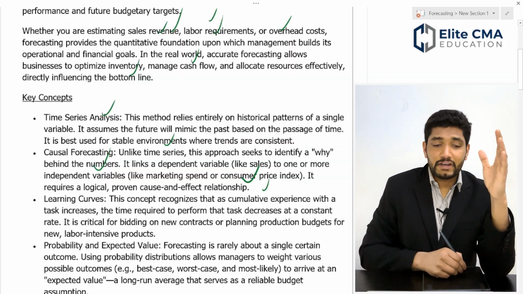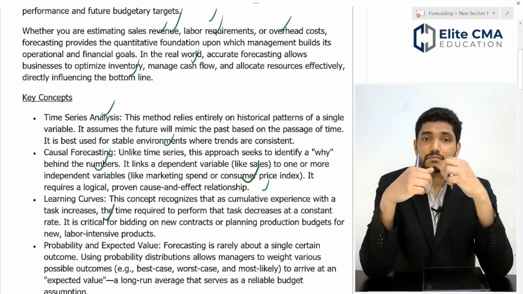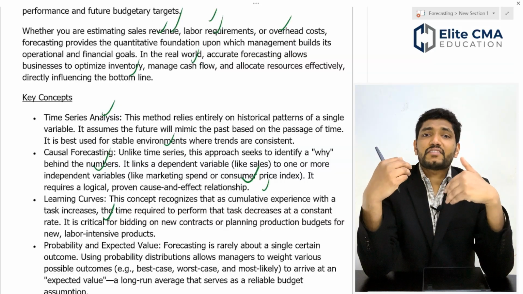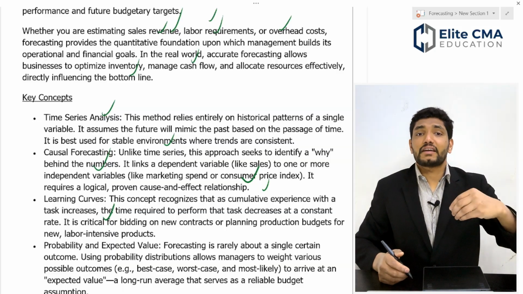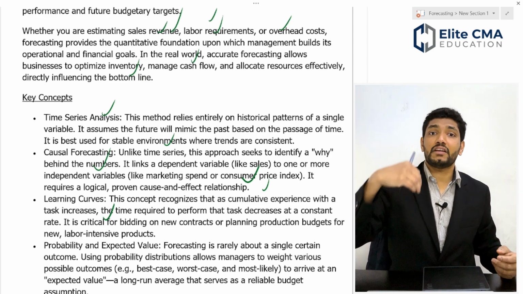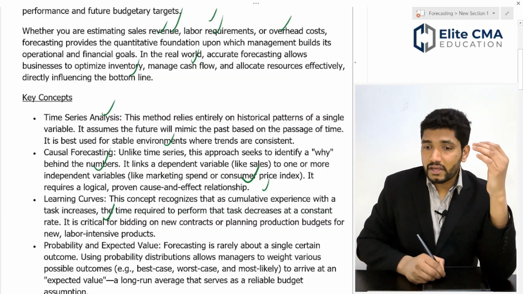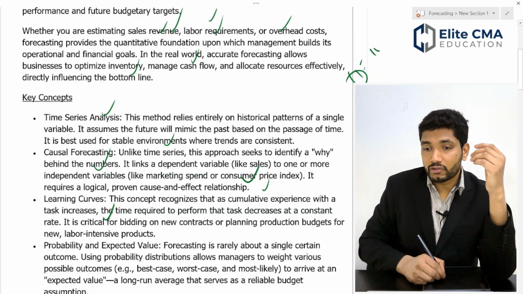Then the learning curve analysis. This is another forecasting technique. Suppose you are analyzing your production cost. There is a concept called learning curve. What is a learning curve? Employees are gradually learning the process and they become more efficient over time. For example, for an employee, on day 1 he is producing maybe 10 units only.